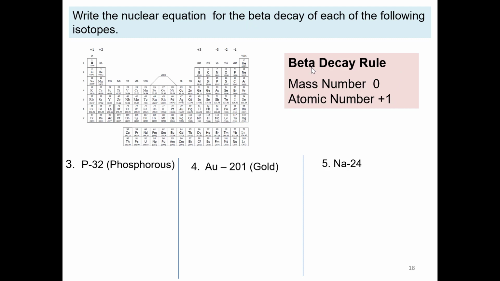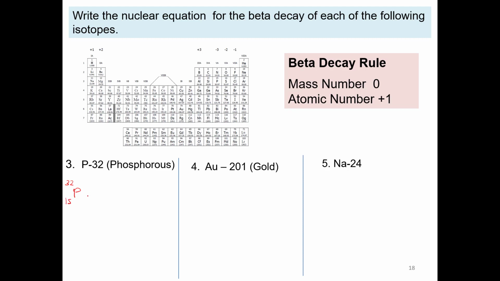Let's start with phosphorus. For phosphorus, we have 32 as the mass number. Let's write phosphorus 32. Now we need to check what the atomic number is. The atomic number is 15.